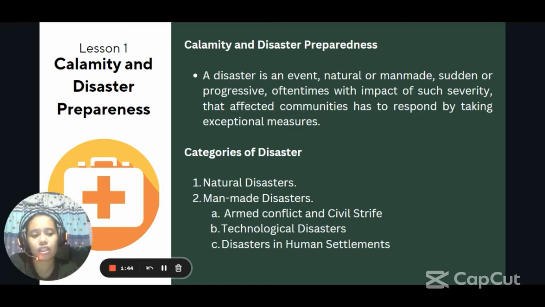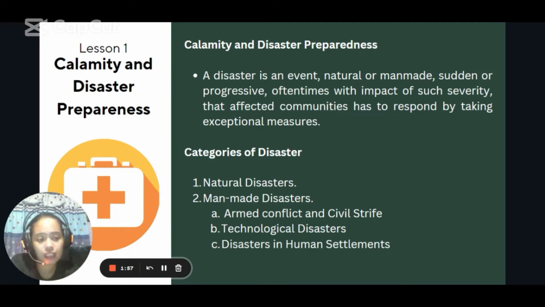So, natural disaster especially makes reference to disaster brought by natural phenomena. Technically speaking, these phenomena such as earthquakes, cyclones, floods, and etc. are known as natural hazards.